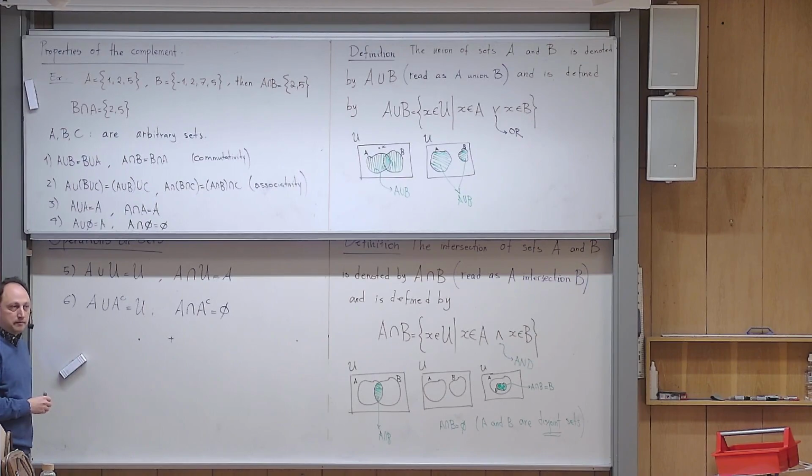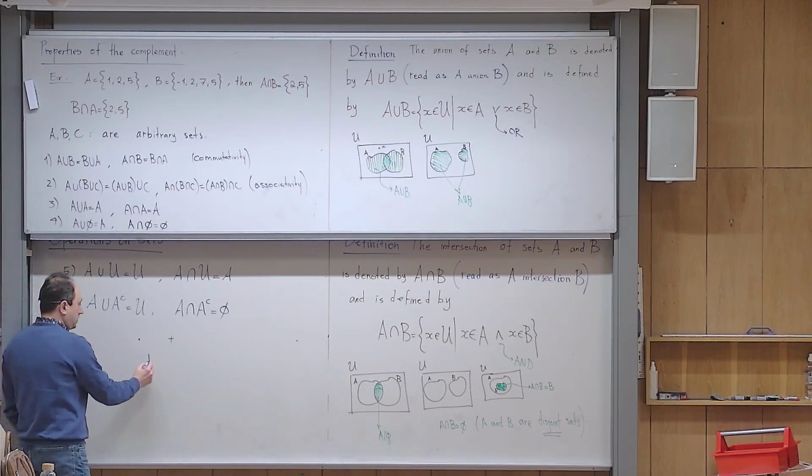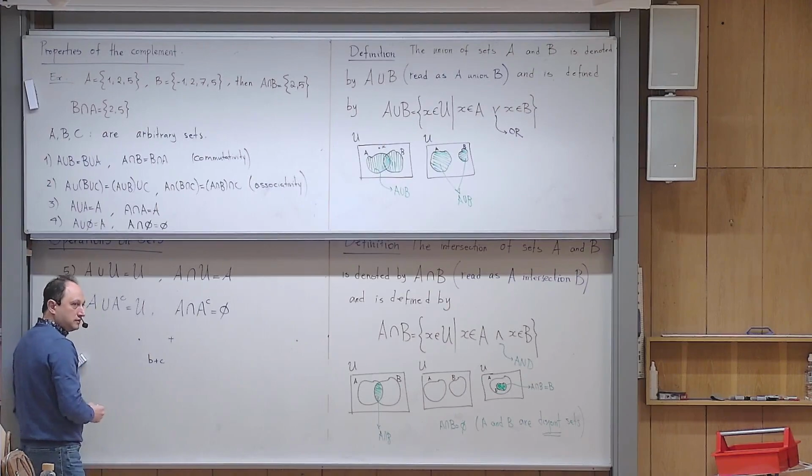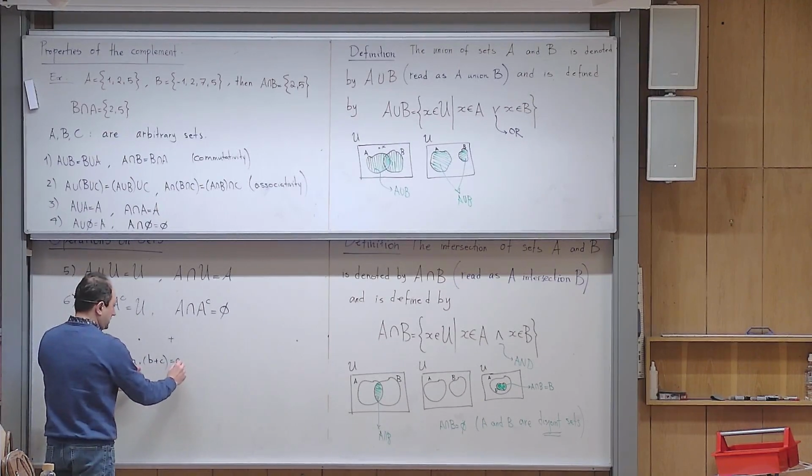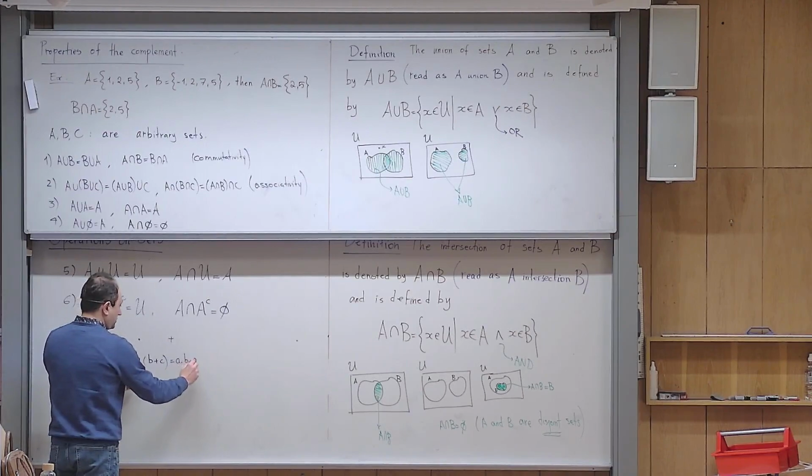Which one is that? Yes? Multiplication is distributive over addition. What does it mean? It means that if I have two numbers added, and then I want to multiply the whole thing by a number, I can distribute this here and write A dot B plus A dot C.